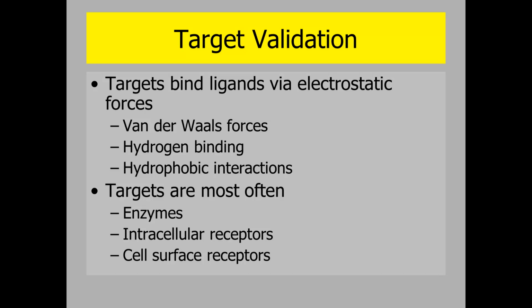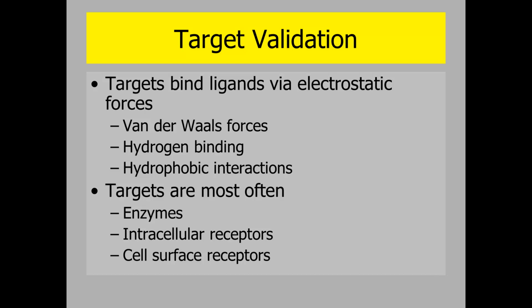So once you've identified that this target is good, you want to really validate that that target is the appropriate target in the pathway. So the targets that bind the ligands are doing so via electrostatic forces. So van der Waals forces, hydrogen binding, hydrophobic interactions, these are the forces that are binding the ligand to the target.